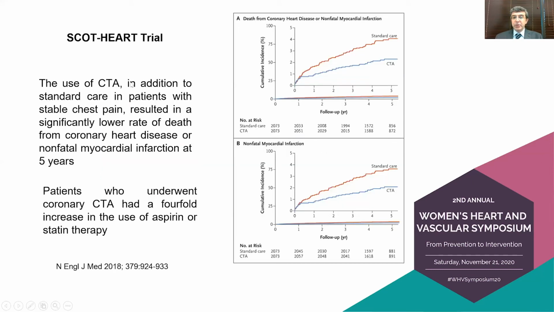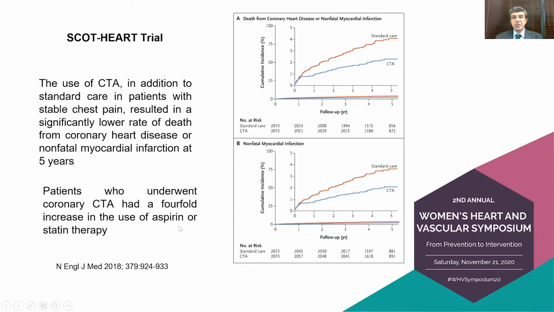In the SCOT-HEART trial, it showed that patients who underwent evaluation by CTA versus patients who got standard of care had a lower amount of mortality. The explanation of this is a little more complicated. That study shows that these patients had a fourfold increase in taking aspirin and statin, but I think the difference in mortality was not only because these patients were taking more statin and aspirin, but also because of behavioral change.